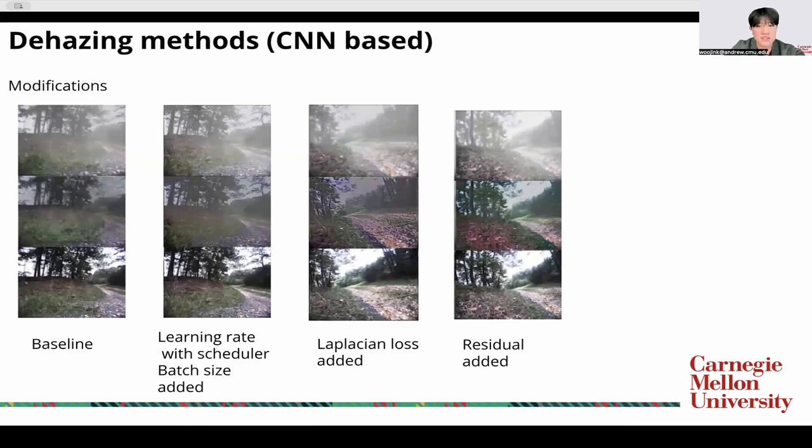So these are some results we got from the baseline method and also the other modifications we made. In the far left column, you can see that at the top is the input hazy image, and at the bottom you see the original image that we want to get, and in the middle is what the architecture predicted.